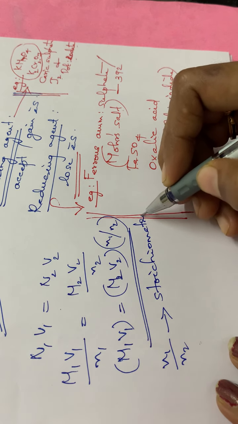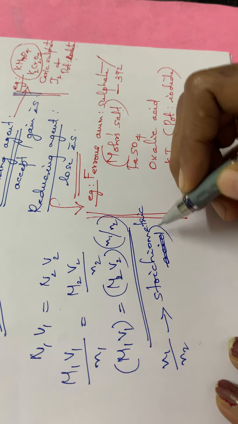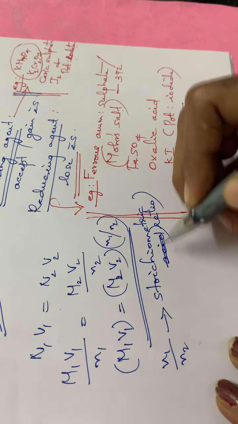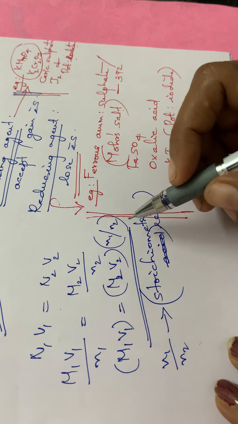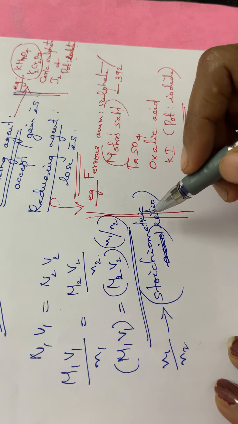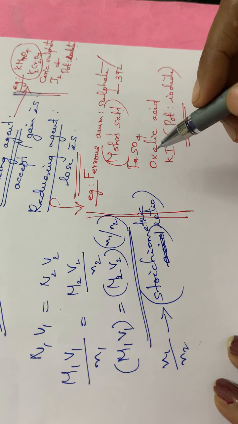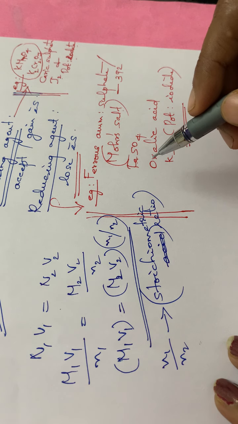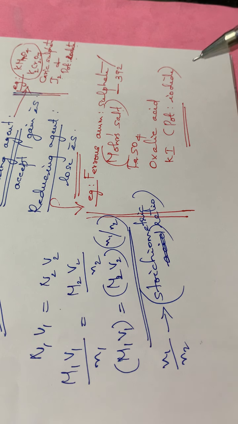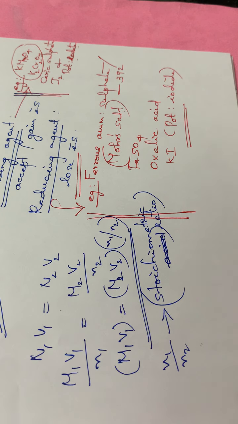That is, how many equivalents of acid or alkali will be reacting. That gives the stoichiometric ratio. For example, one equivalent of NaOH is equivalent to 20 ml of one equivalent of HCl, so the stoichiometric ratio will be 1 by 1, that is equal to 1.